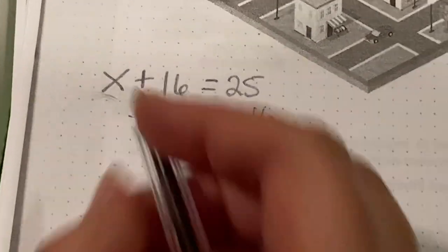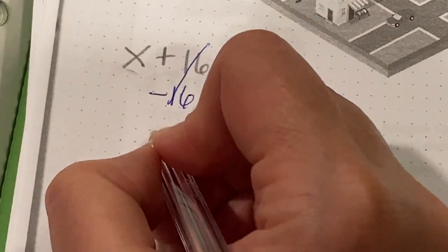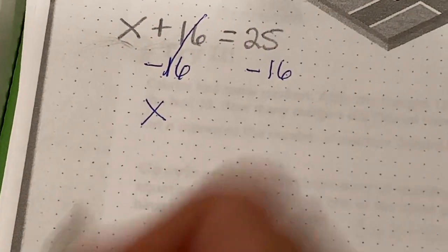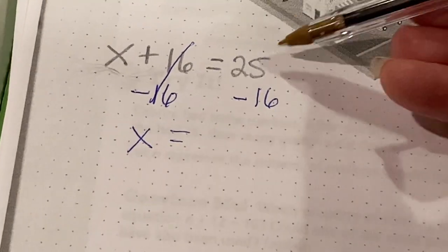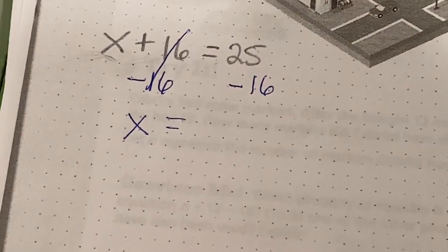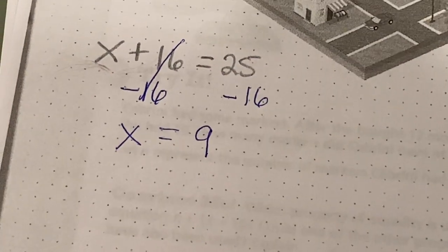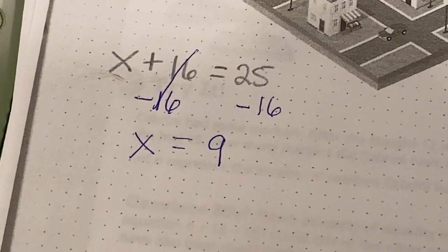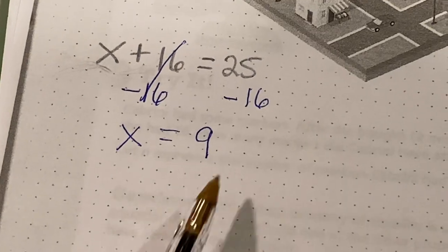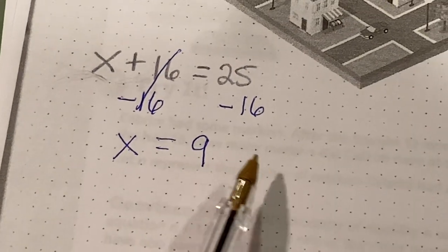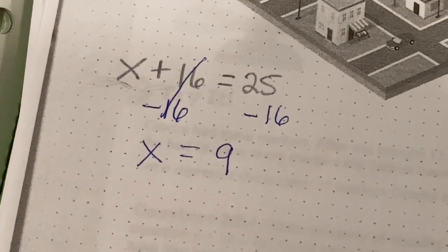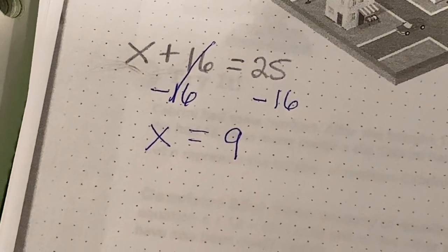Now let's see what I've got. This cancels that out, so now I've got x equals 25 minus 16, which is 9. So x equals 9. So there were 9 kids on the bus when they got to the last stop, picked up 16 more, and ended up with 25.